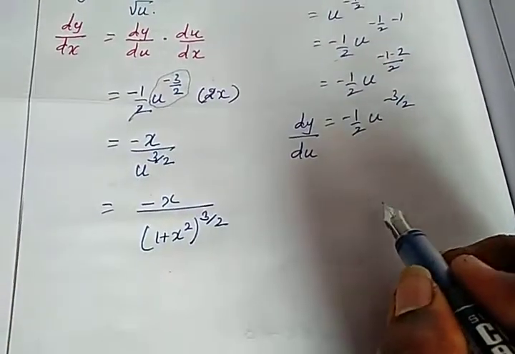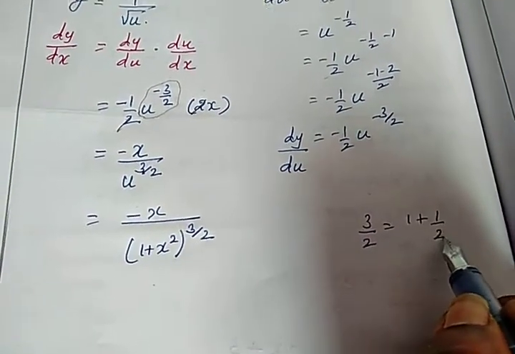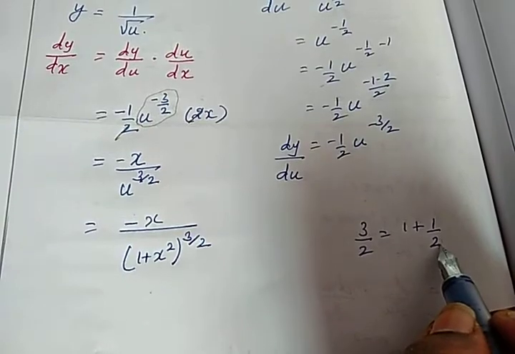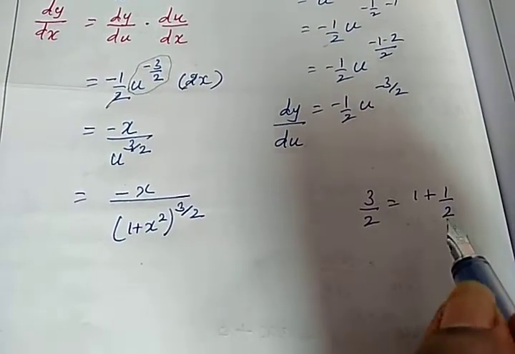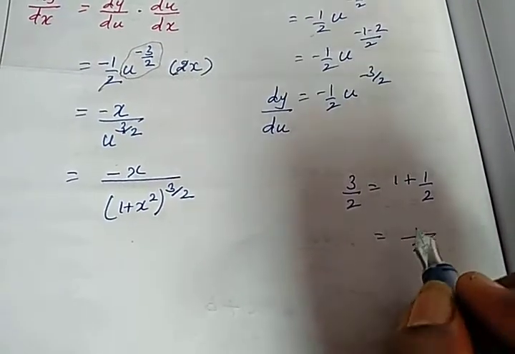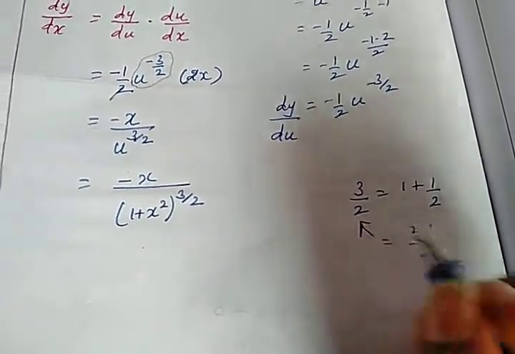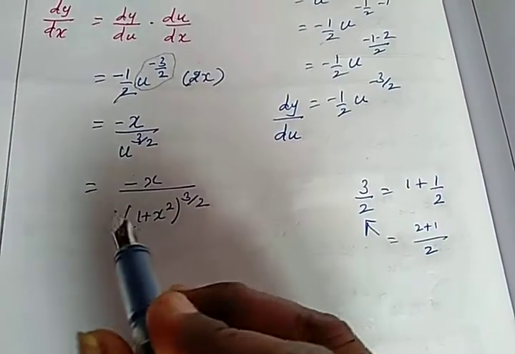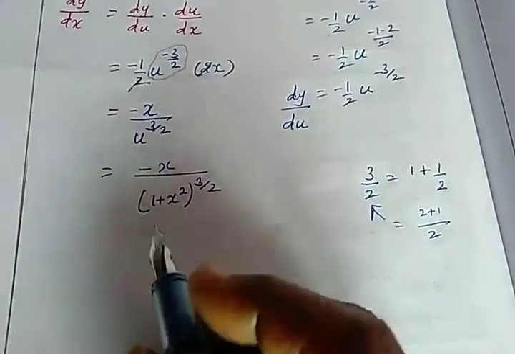Okay, this 3 by 2 I can split as 1 plus 1 by 2. 1 plus 1 by 2 is only 3 by 2. See here, minus of minus 1 now. So see, take LCM and see. 2 plus 1, it is 3 by 2 again. Clear? Now I am going to split this denominator in accordance with 1 plus 1 by 2. Clear?